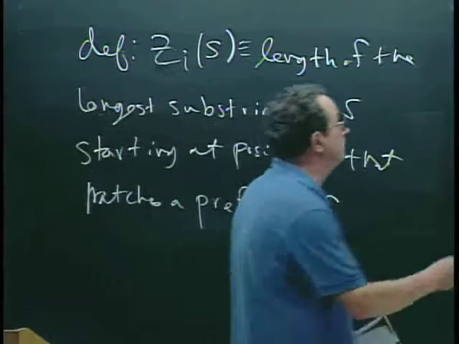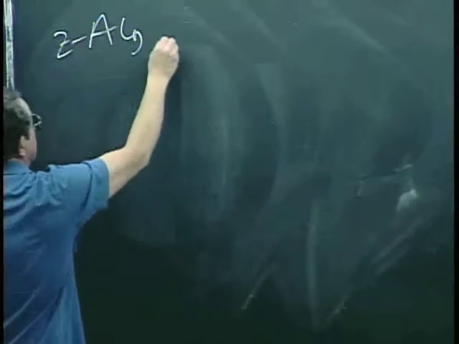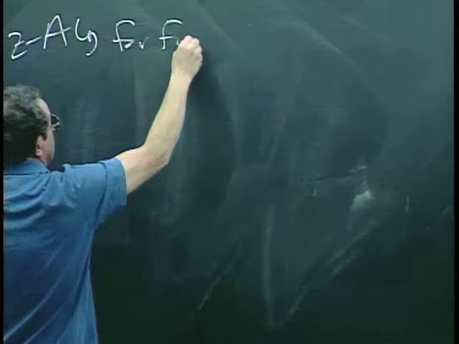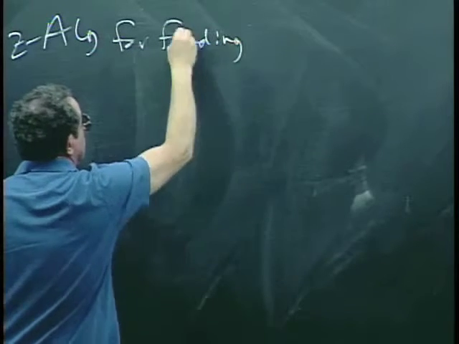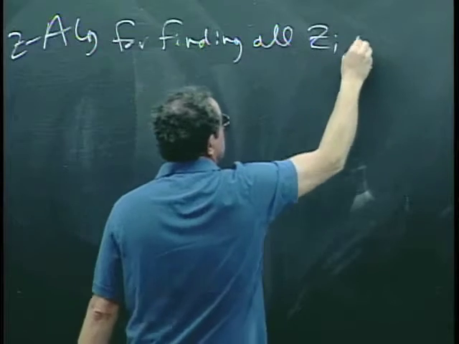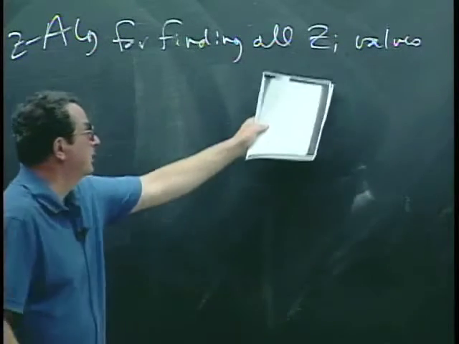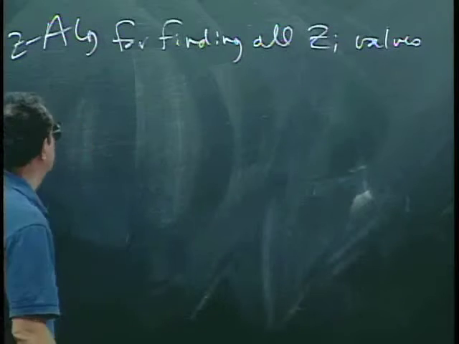And so this is the Z algorithm for finding all the Zi values. I won't put S in there because it's understood.